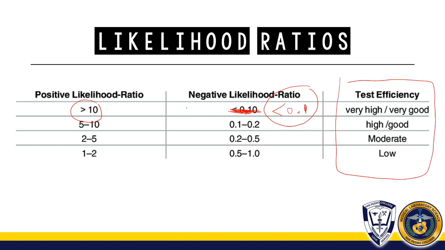From low, if this is the result of your positive likelihood ratio, meaning your test is not very good, it is not efficient. But for your negative likelihood ratio, if it falls at 0.1 to 0.2, then that is high or good efficiency. And of course, if you will be asked, yes, memorize this, because you will still be asked to give a conclusion or interpretation of your results. Okay?